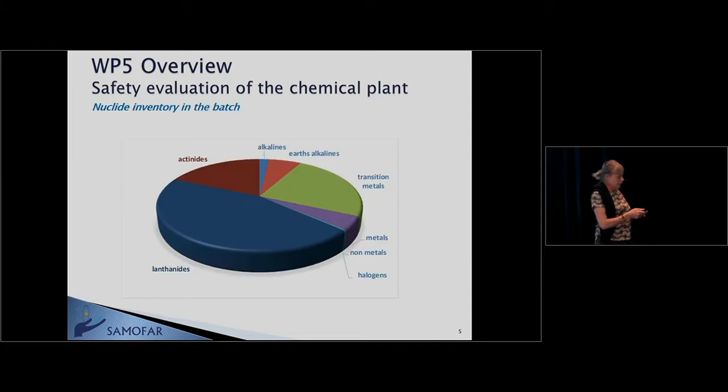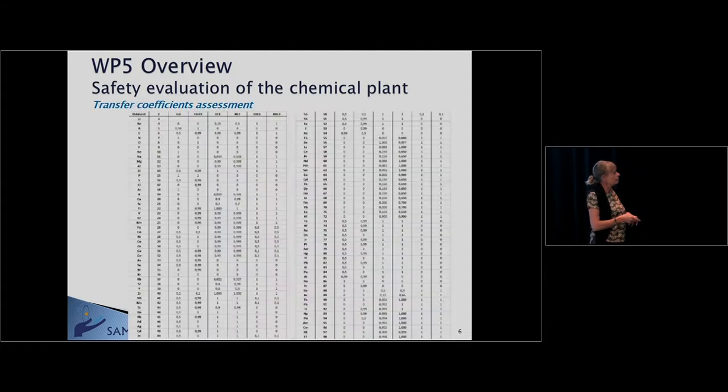The nuclide inventory of the batch is presented here. The main elements belong to the lanthanide families. After that we have transition metals and actinides, and we also have to work with all these elements.